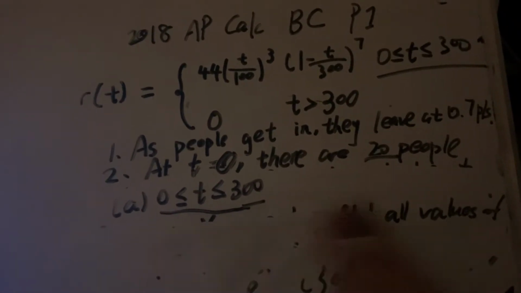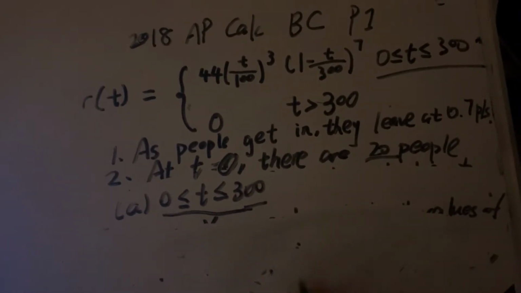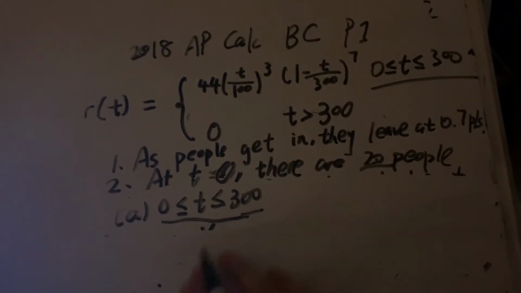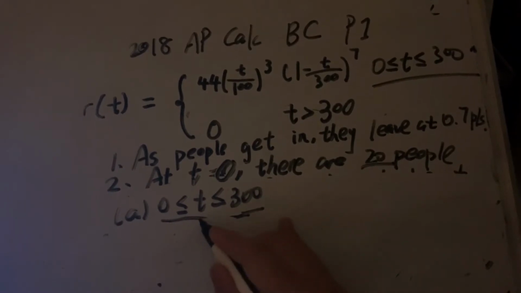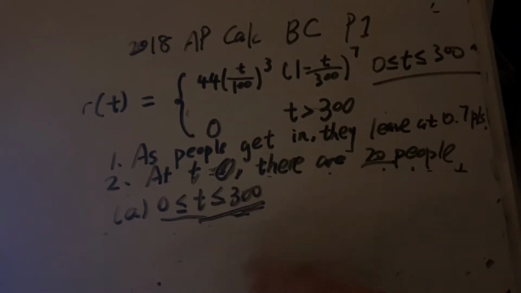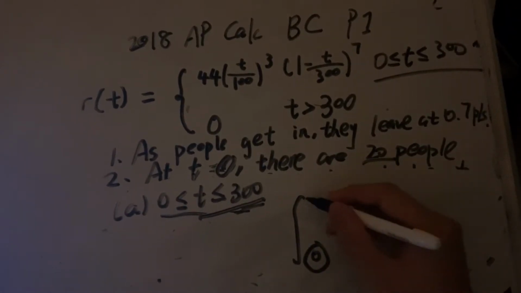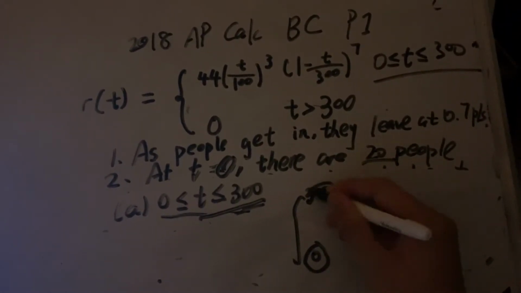So how do you do this problem? After you see that is what you need, you will definitely find out that you should use an integral to calculate the sum. So you know the starting value is 0 and the ending value is 300.